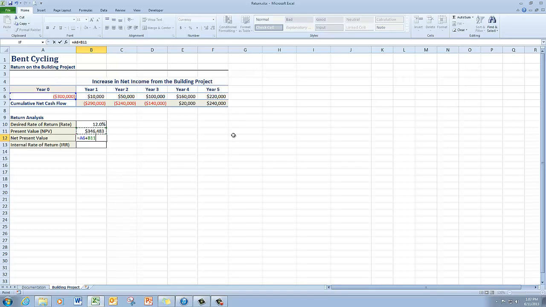Because A6 is negative, it has the same result as subtracting. And the net present value then is $46,483 in that cell. So that's the amount of money that we're going to make on this investment over a 5-year period, or that's how much more this $300,000 is worth now than it would be in 5 years.